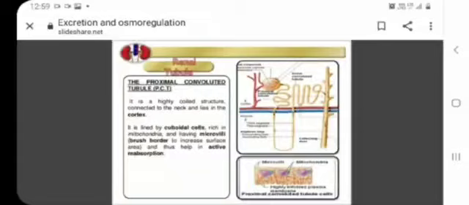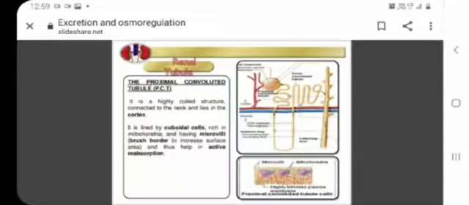It is a long convoluted structure, convoluted means coiled, that emerges from the glomerulus and can be divided into three parts: the proximal convoluted tubule, the Henle's loop, and the distal convoluted tube. The proximal convoluted tube, due to its proximity, that is closeness to glomerulus, stays in the renal cortex.